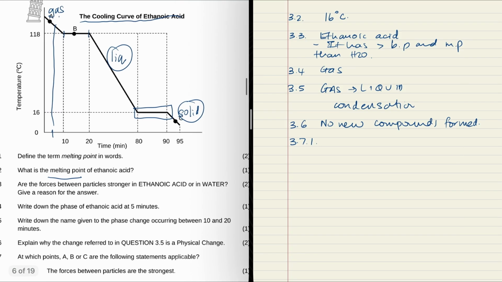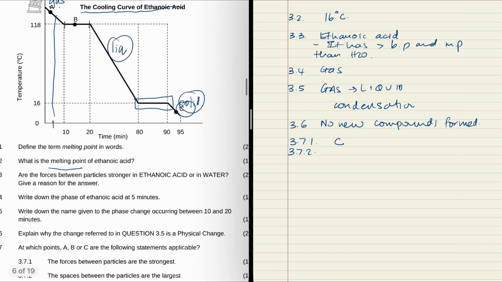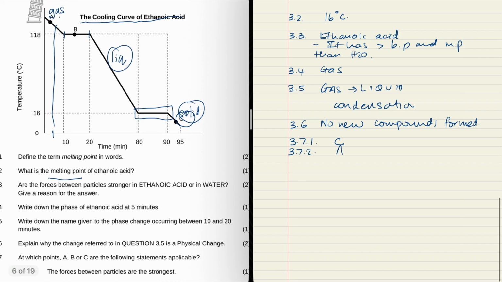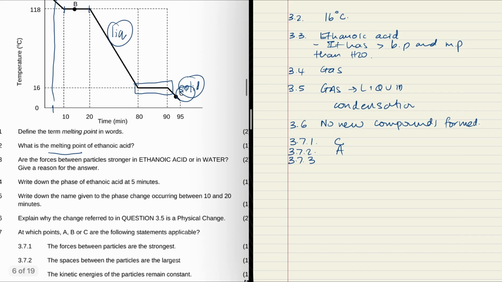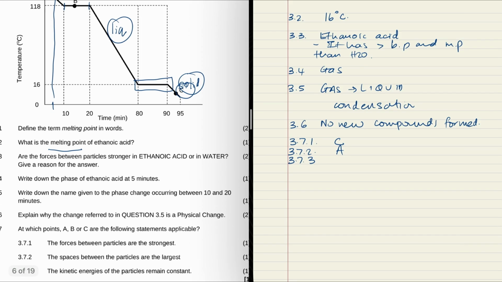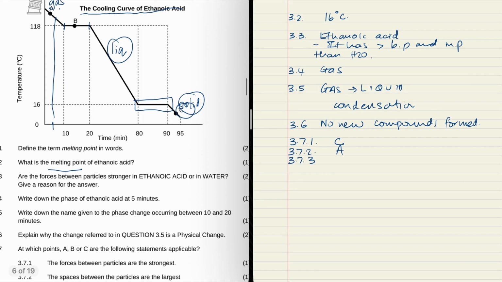That's going to be at C because C is in a solid state. 3.7.2, the spaces between the particles are the largest. That's going to be at A because they are in a gas state. 3.7.3, the kinetic energy of the particles is constant. That's going to be at B because the kinetic energy is temperature and temperature is constant at B. It's not changing.